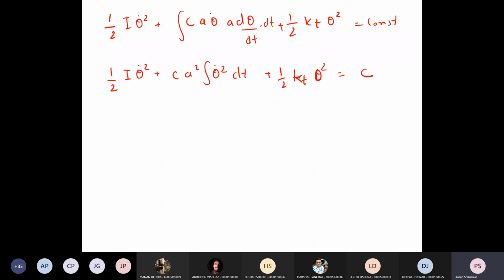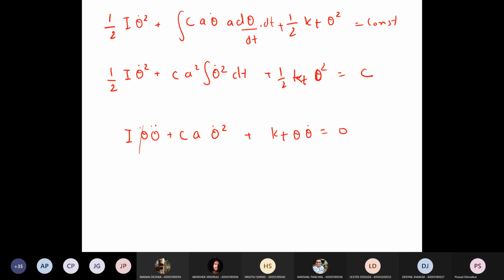Now differentiate this equation. So this becomes I theta dot into theta double dot plus C a square theta dot square, plus K torsional into theta into theta dot is equal to 0.